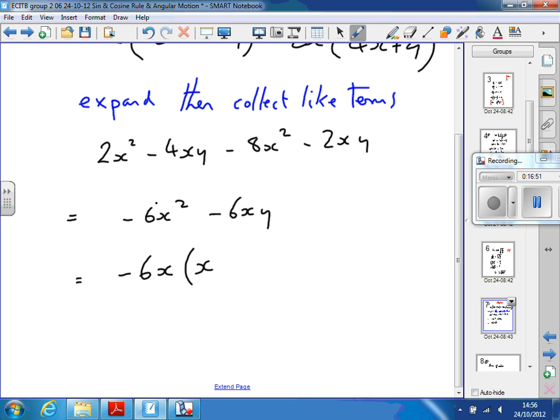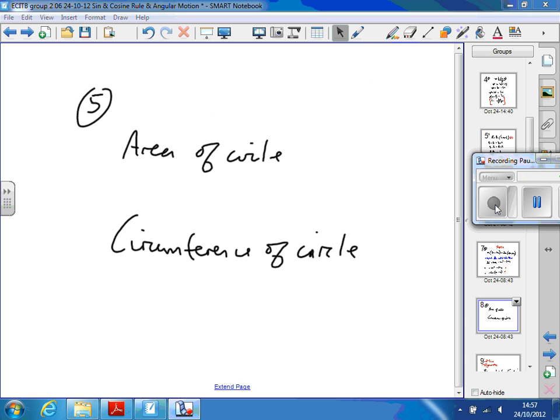X. Watch this one. What have I got to times minus 6x by to get minus 6xy? Y. Positive y. Minus 6x times y is minus 6xy. Okay?